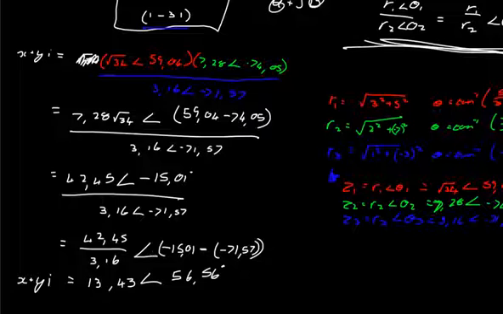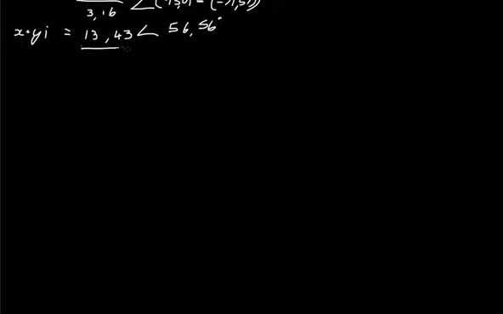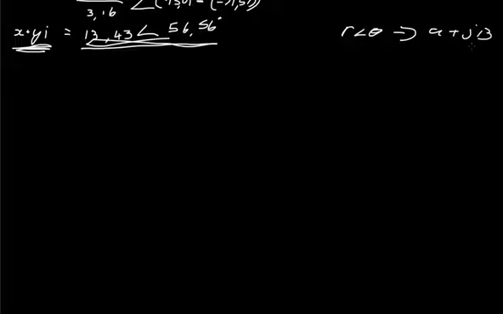Okay, so now we've got our final answer, but you'll note it's in polar form, but our left-hand side here is in rectangular form. So now we need to go from polar form, r angle theta, to a plus jb form. How do we do that?